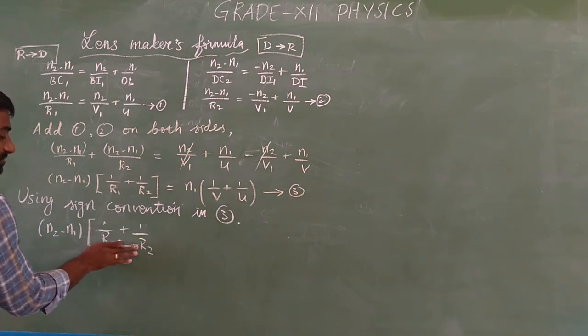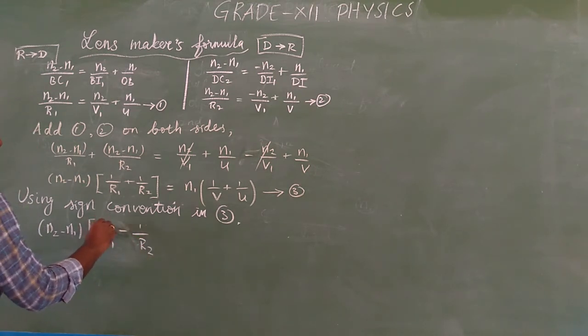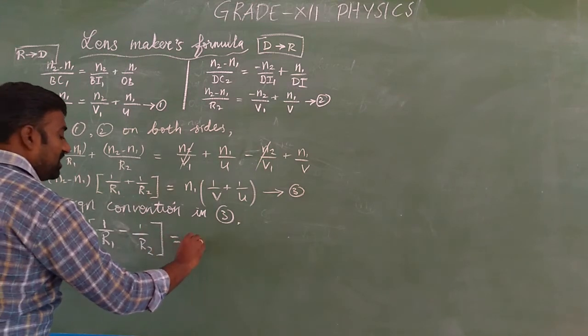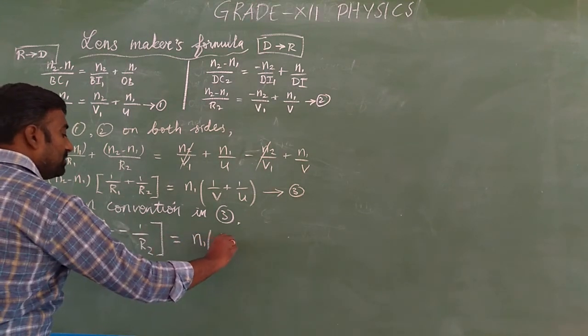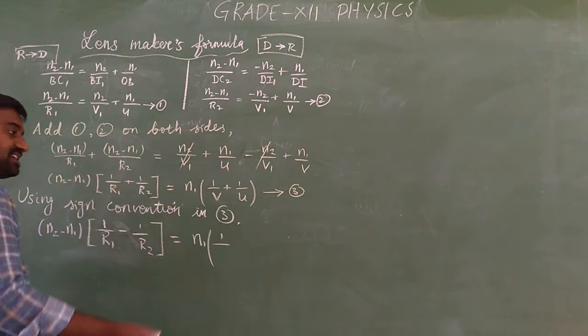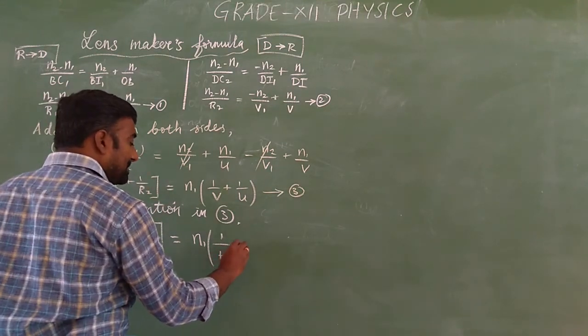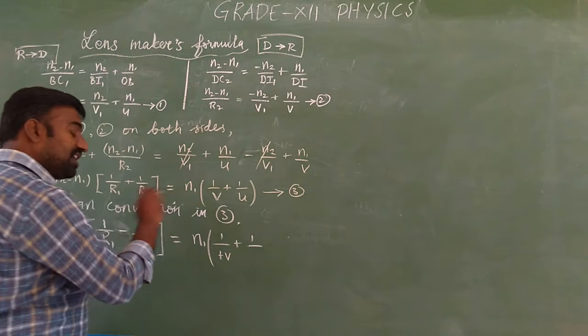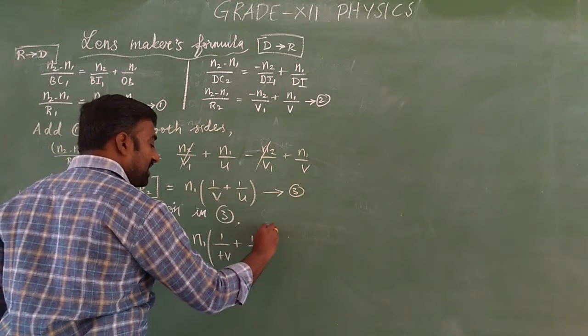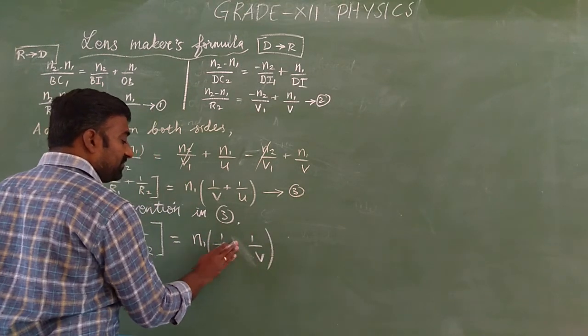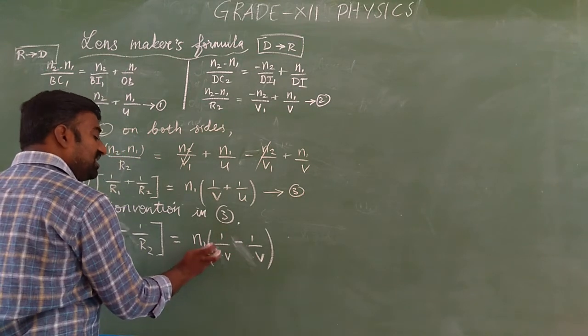Minus into plus becomes minus, which is equal to N1 into 1 by V. The final image is obtained on the right hand side, so it is plus V, plus 1 by U. The object is always placed on the left hand side, so it is minus U. So minus into plus becomes minus.